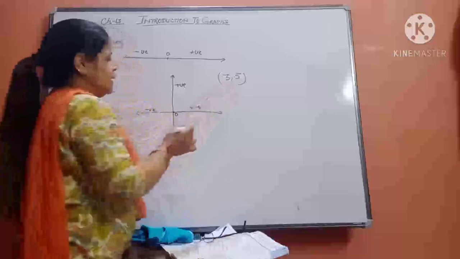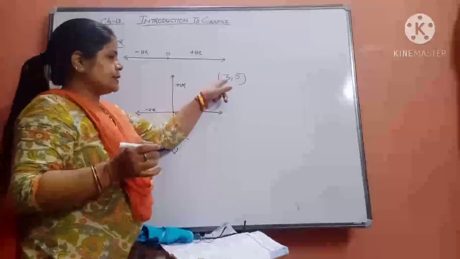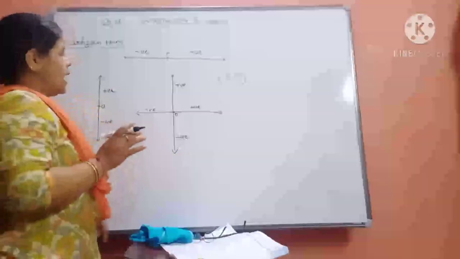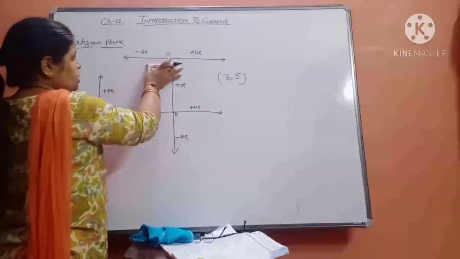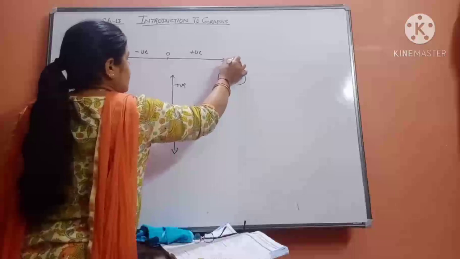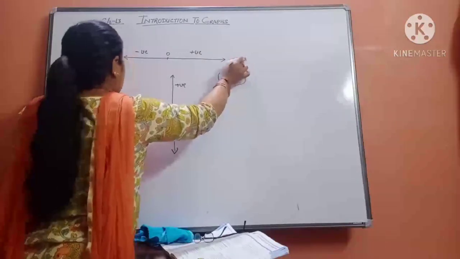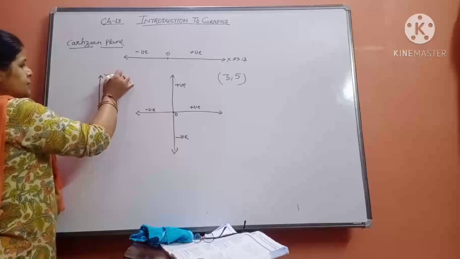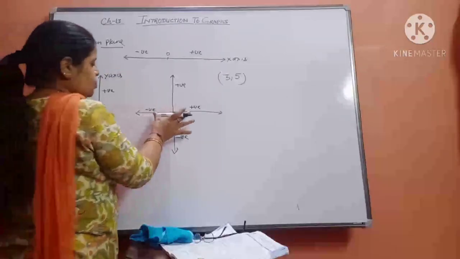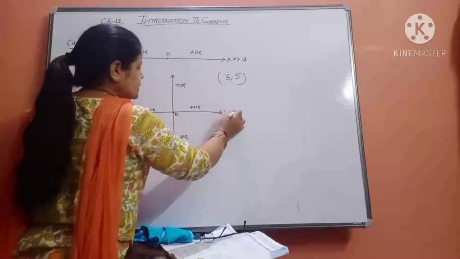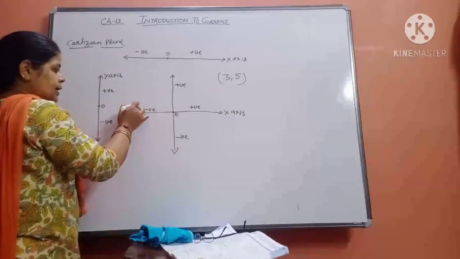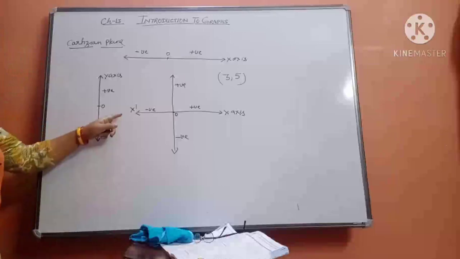The first point will be related to the x-axis and the second point will be related to the y-axis. This horizontal line is known as the x-axis, and the vertical line is known as the y-axis. In the negative direction of the horizontal line we say x dash; x dash means negative.